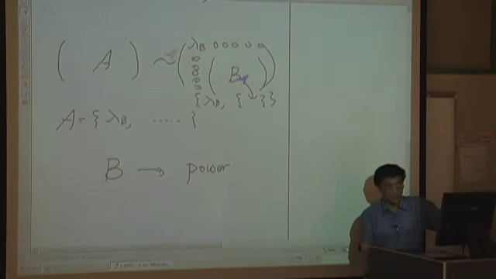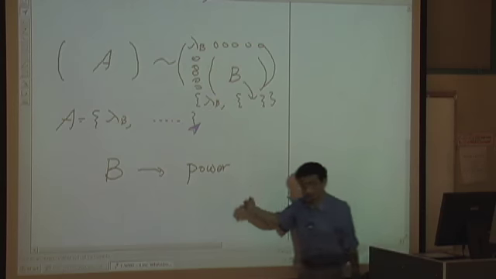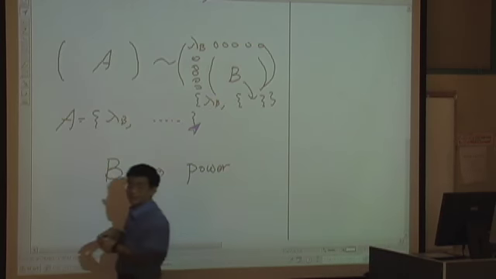A and this whole thing are similar. Then with this matrix, the eigenvalues are lambda and the eigenvalues of B. Then the eigenvalues of B can be found by the power method. The biggest eigenvalue can be found by the power method, and then next biggest, next biggest, next biggest after each deflation. So this is the strategy.